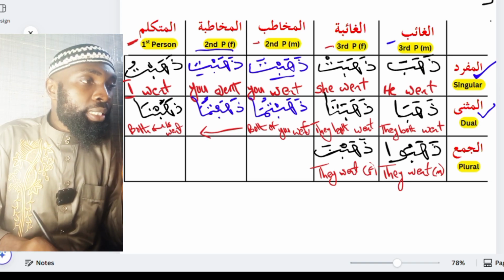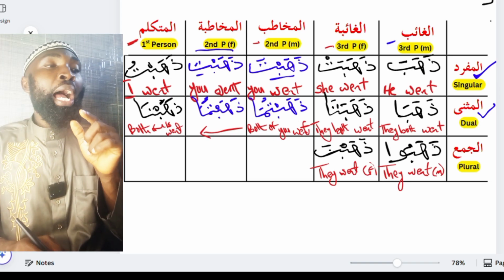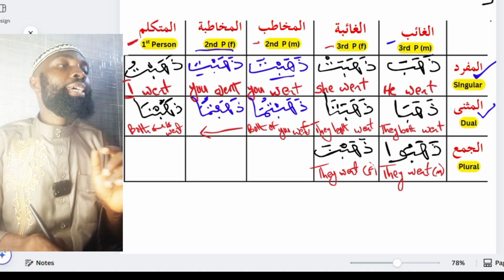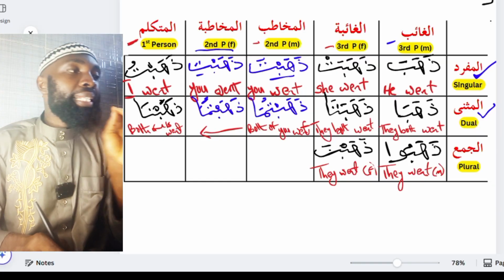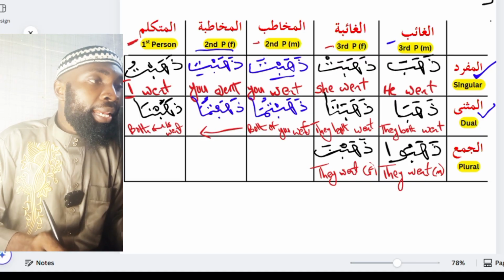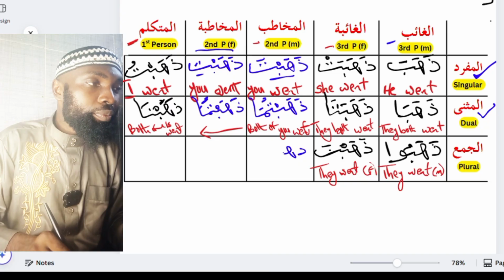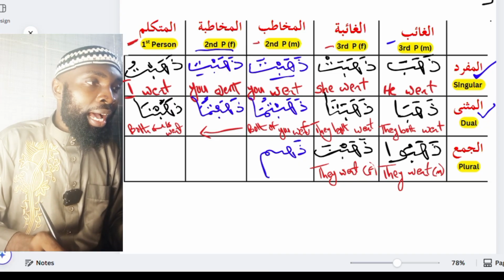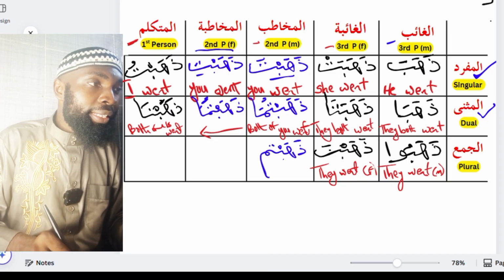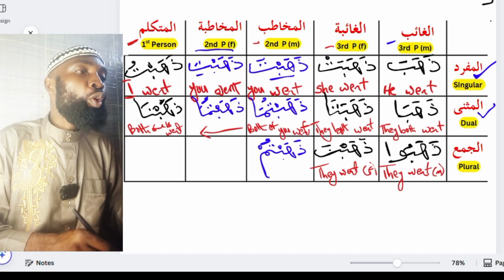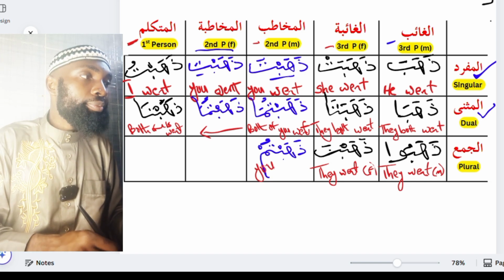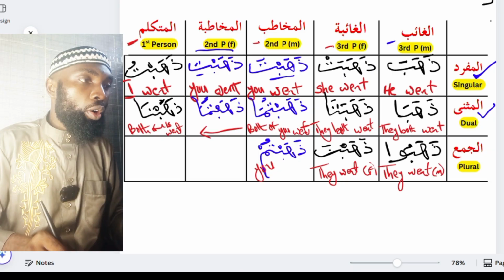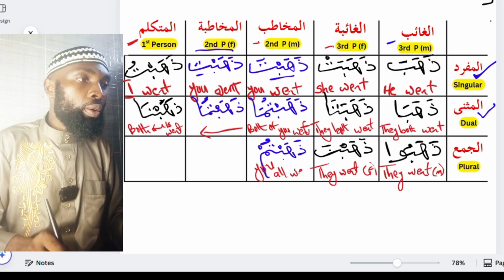When we had two persons, what we said was dhahabtuma, both of you went. Now, if these persons are three and above, and they are all boys, the word to be used will be dhahabtum, which means you all went.